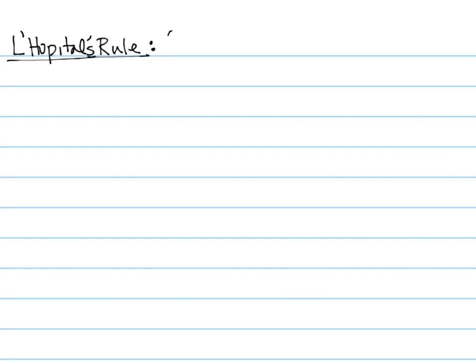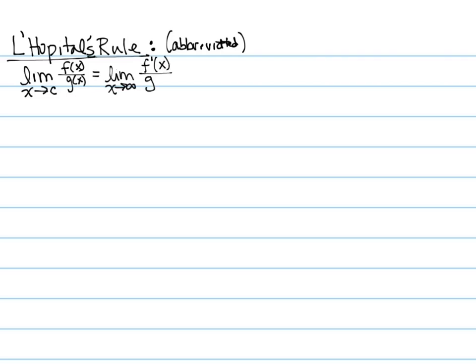L'Hopital's Rule, and I'm just going to give you an abbreviated version of it. This is shorthand for sure. It says that the limit, specifically for functions as x goes to c, of f of x over g of x is equal to the limit as x goes to c of f prime of x over g prime of x.